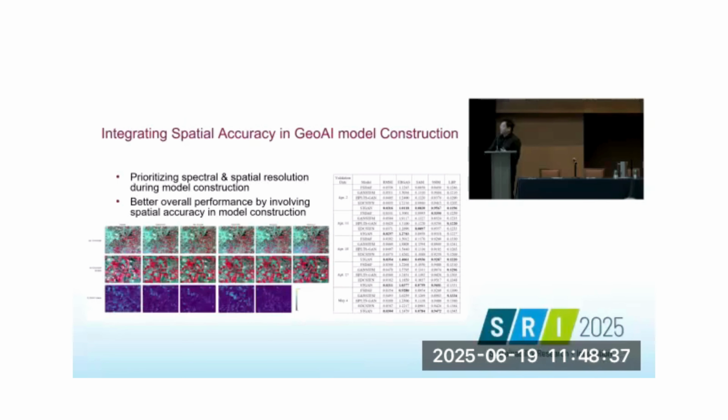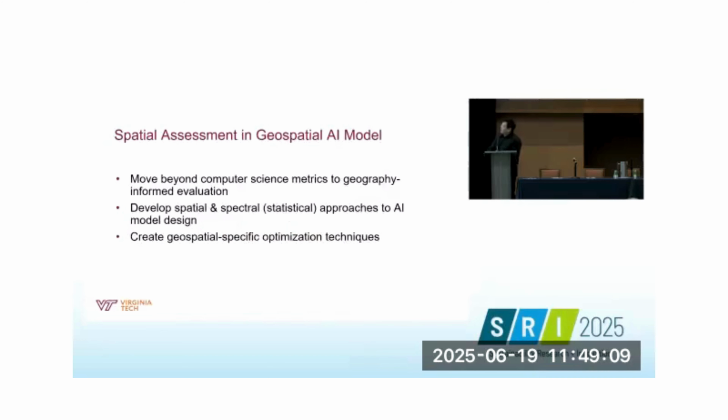We see here, comparing with the existing benchmarks, as you can see on the top four, the FSDAF, EDC-STFM and so on, those are the benchmark models. The model proposed by us has significantly better performance, especially in the spatial accuracy category. The spectral performance is also good, but it is the spatial accuracy that stands out in this case study.